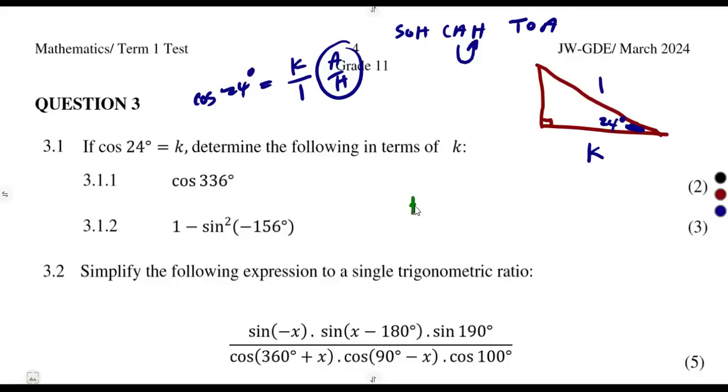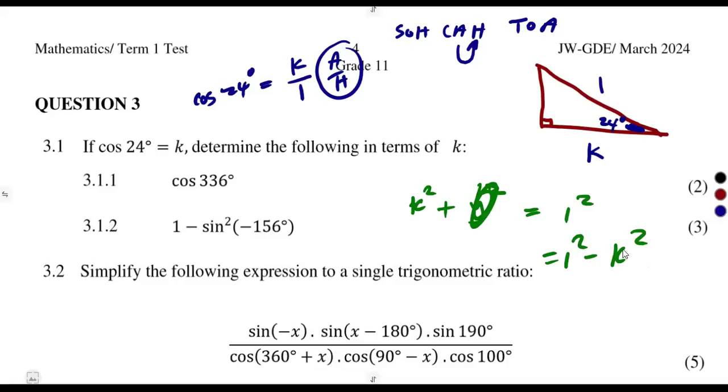So k squared plus that unknown value, maybe it's x, maybe it's y, whatever you want, squared, is supposed to be equal to the hypotenuse squared, which is 1. So this is the 1 squared that I'm having here, and you need to find this. So it's going to the other side as 1 squared minus k squared.